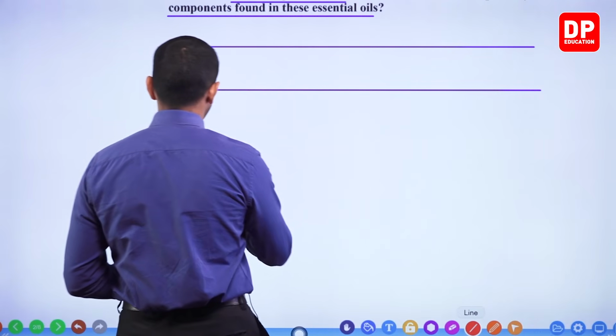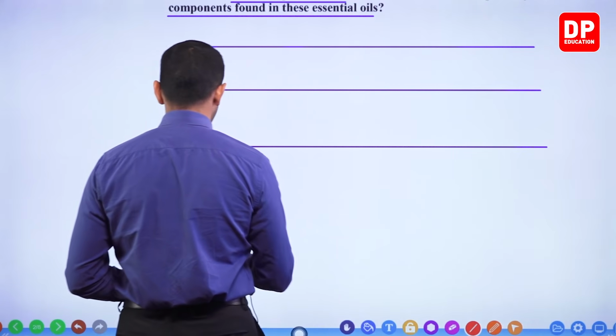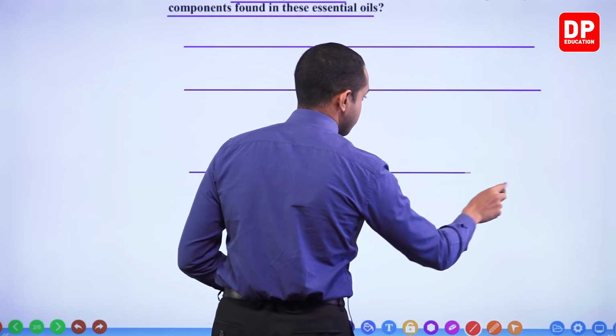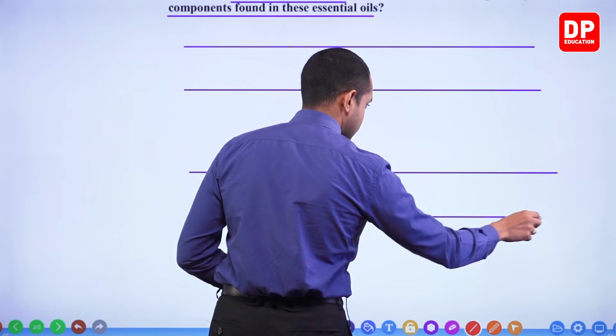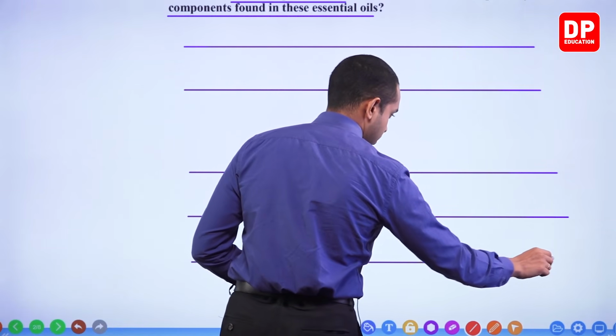So they are asking only for 3. So let's write 3 different types of essential oils that we come across.